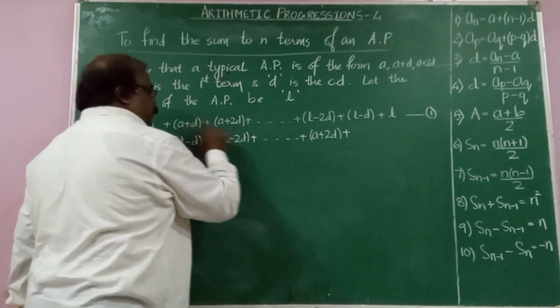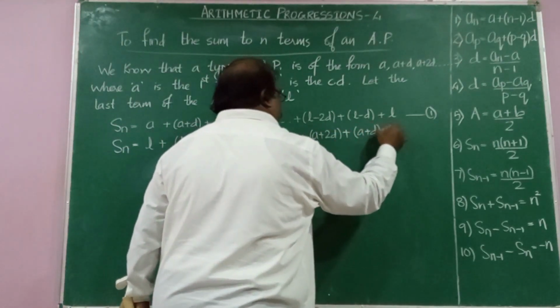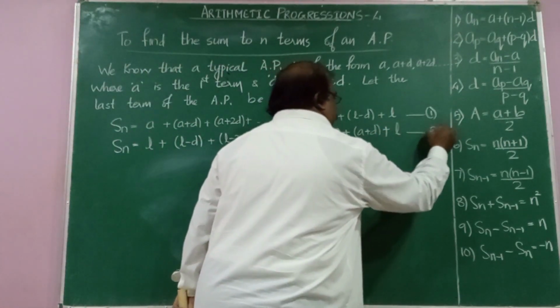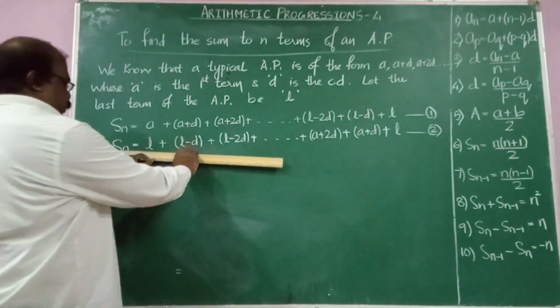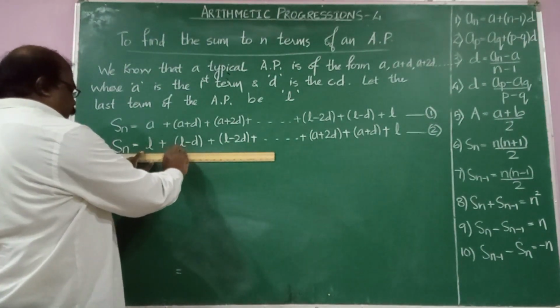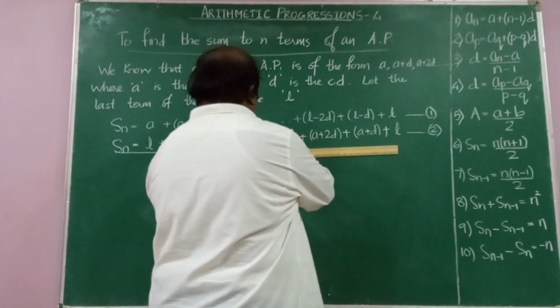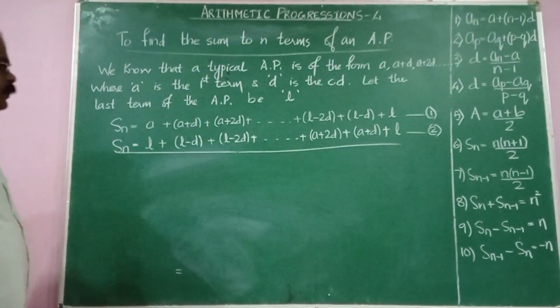What was second, I write it second last. And what was first, I write it last. Once again I have got two equations. And once again I am going to add these two equations.